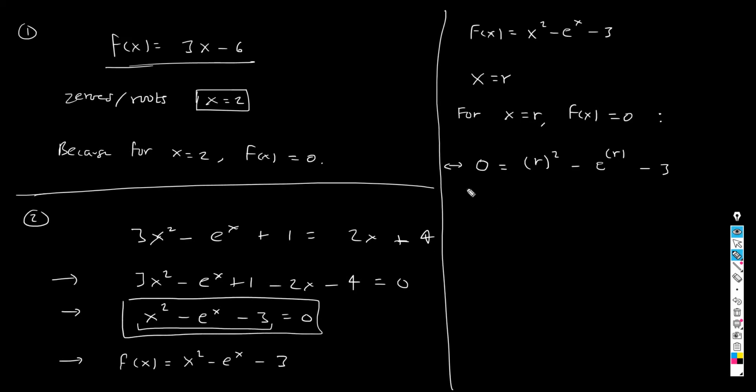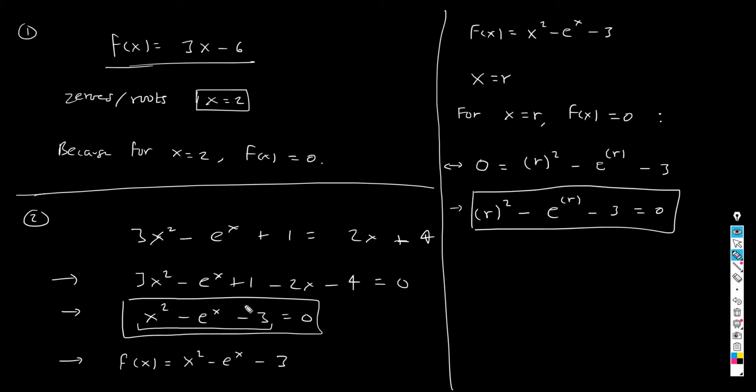Let me put it in this precise order, so that you can see perfectly well what I mean. We have r squared minus e to the r minus 3 equals 0. And if you notice, this is the same as this. And what I mean is that r is a solution to this equation. Okay, the roots or the zeros of this function are basically the solutions to this equation.